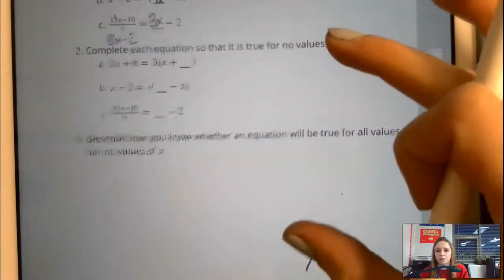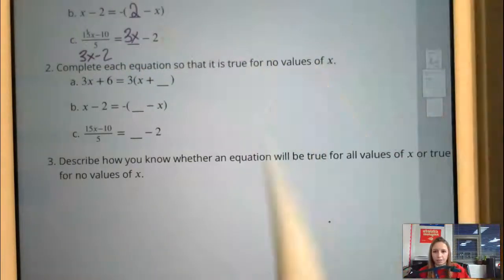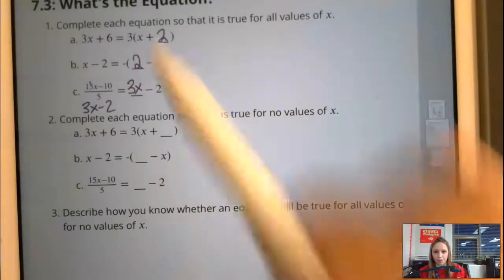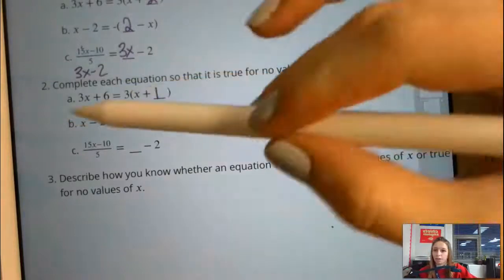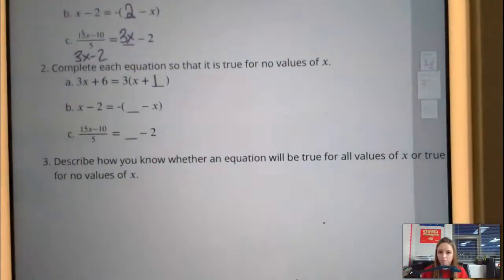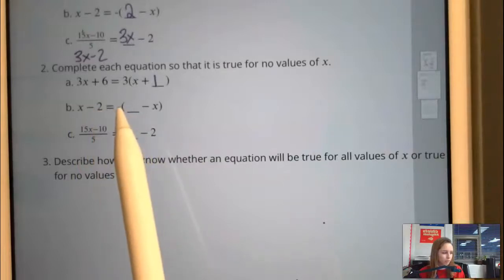Alright, now it says complete each equation so that it is true for no values of x. So, for this one, it cannot be a positive 2, so I could put a 1 here. Because if I distribute it, I would get 3x plus 3. That is not the same as on the left. Alright, over here, I just cannot plug in a positive 2.